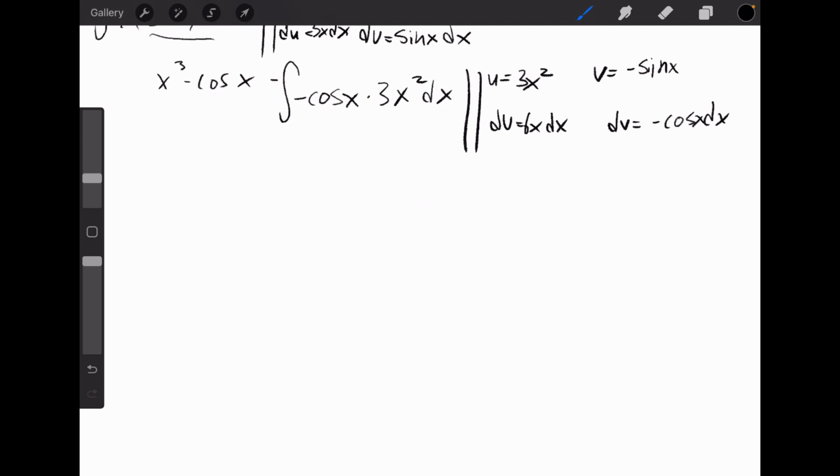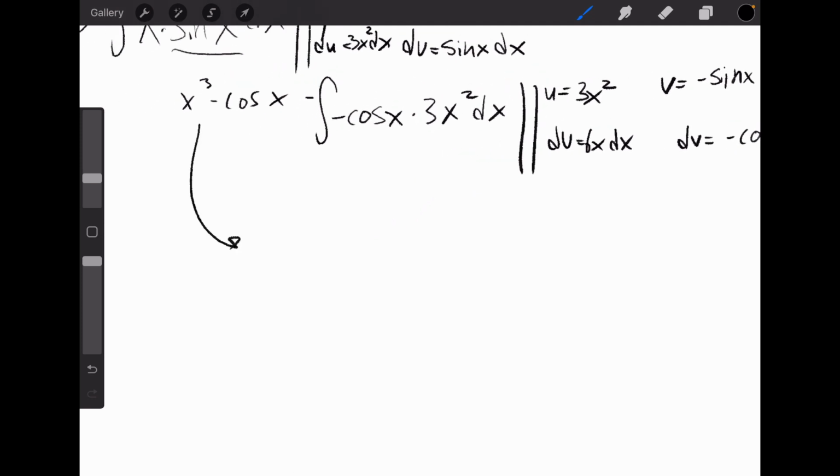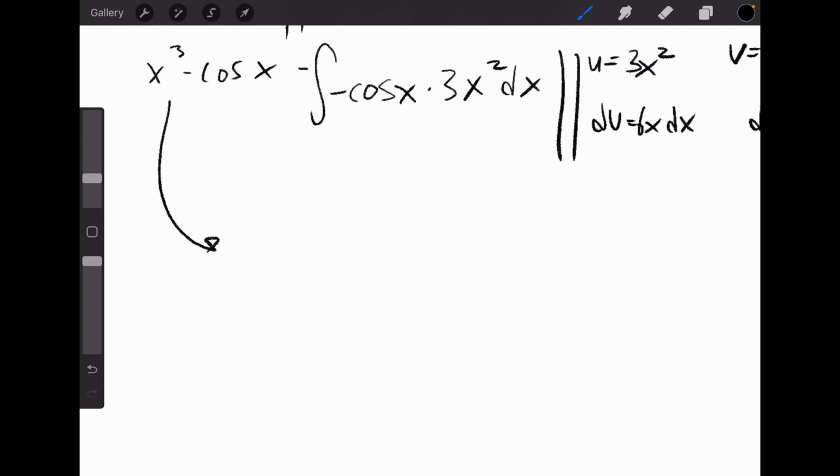Okay, so now we're just going to repeat this, except we have to drag this down. So we have negative x cubed cosine x. I just brought the negative out. And then we have minus, and then we have to repeat the process.